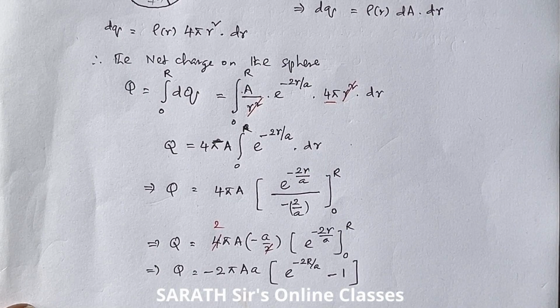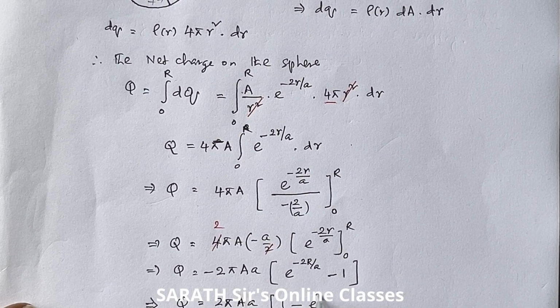Now we have to calculate the r value. This minus I will send inside. So Q is equal to 2 pi A a times 1 minus e power minus 2r by a.